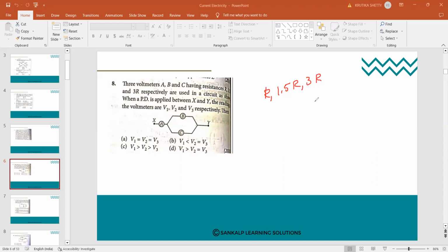When a potential difference is applied between X and Y, the reading in the voltmeter is.